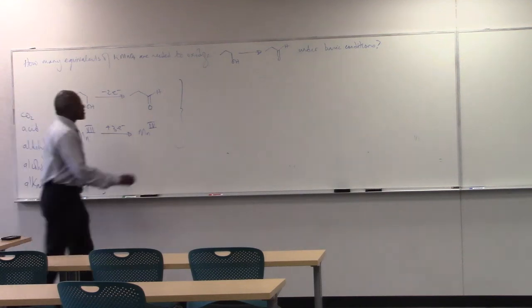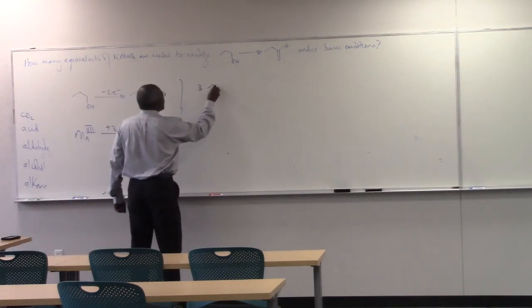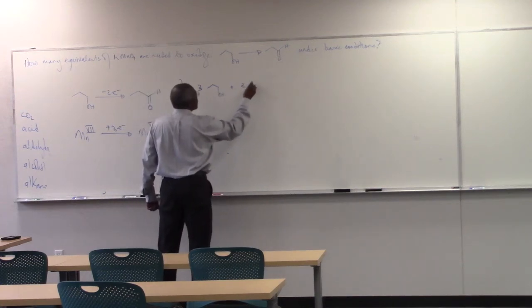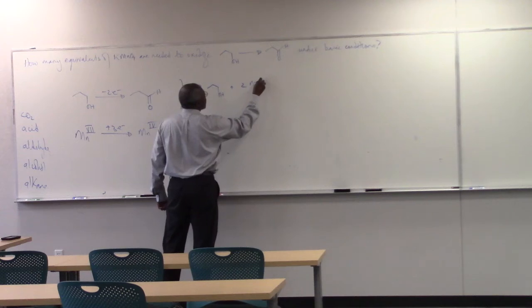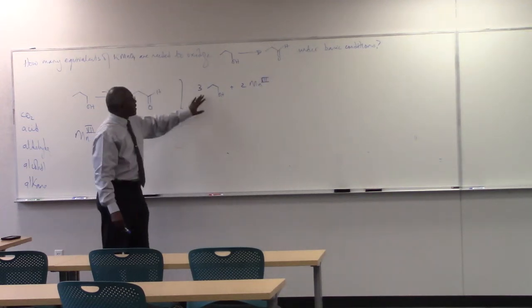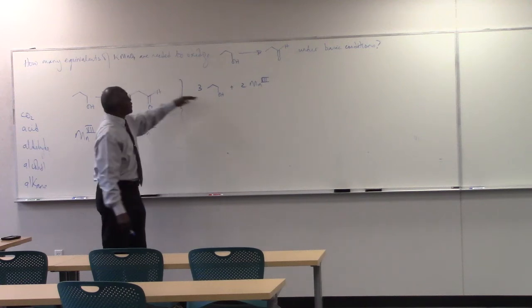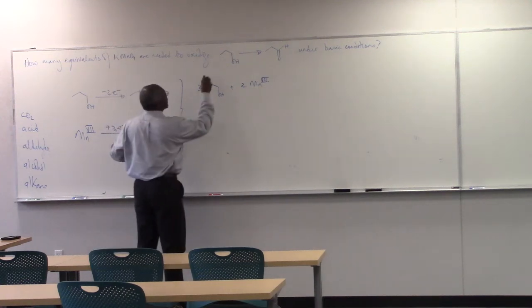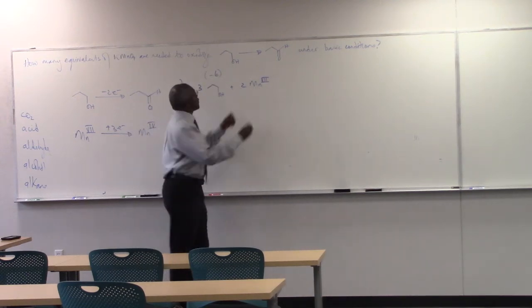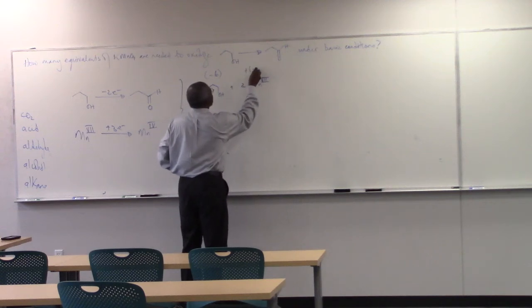Swap my coefficients. It means 3 of the alcohols require 2 of the manganese 7s. Just to make sure, each alcohol loses 2, so these 3 will collectively lose 6. Each of these gains 3, therefore 2 of them will collectively gain 6 electrons.